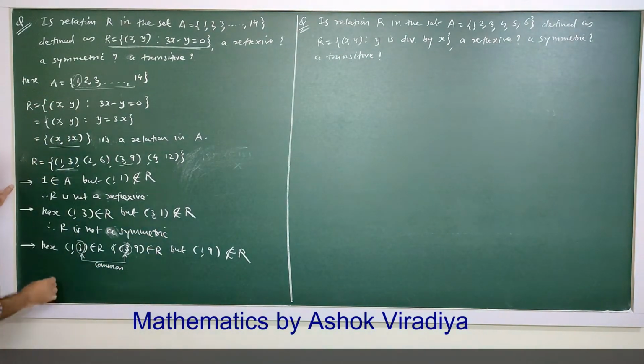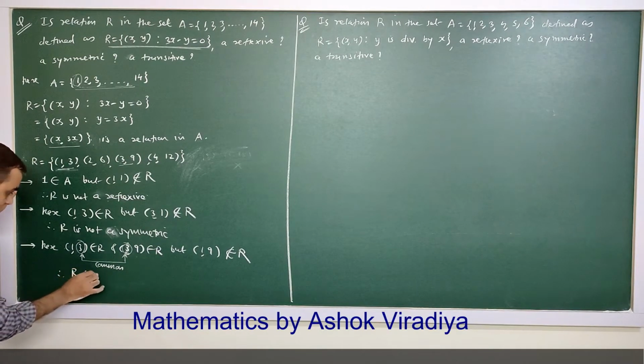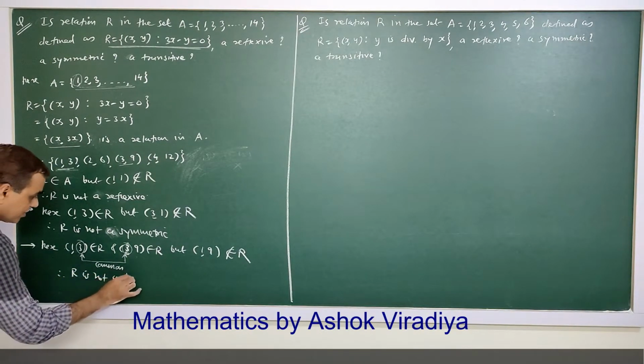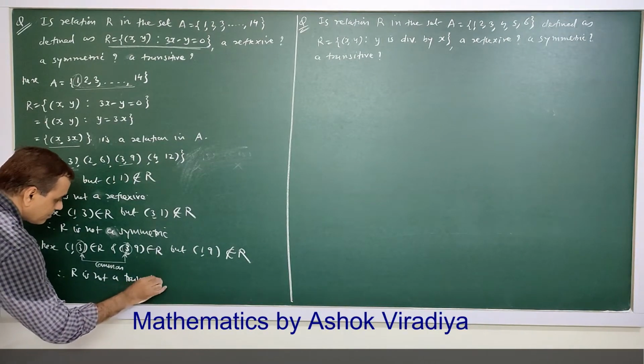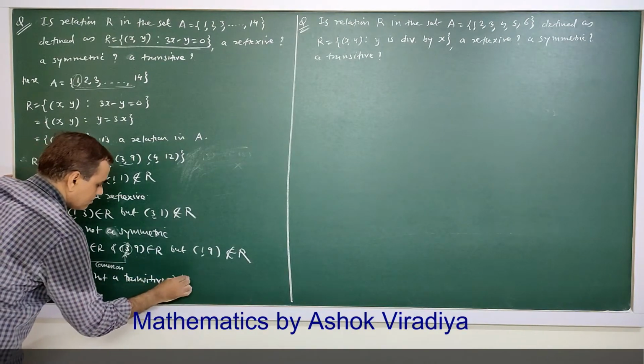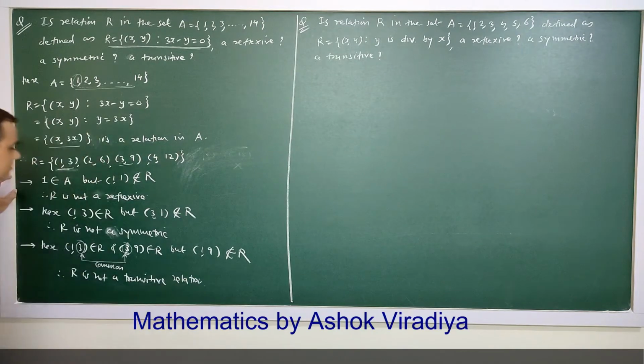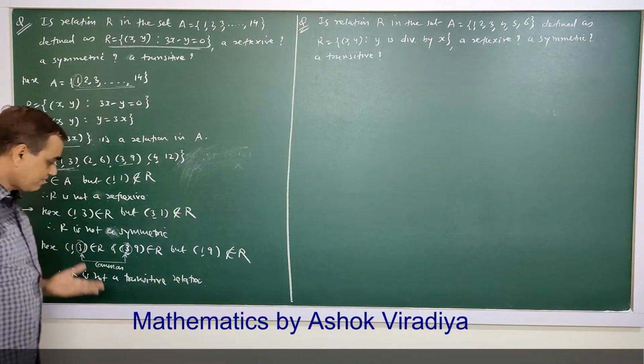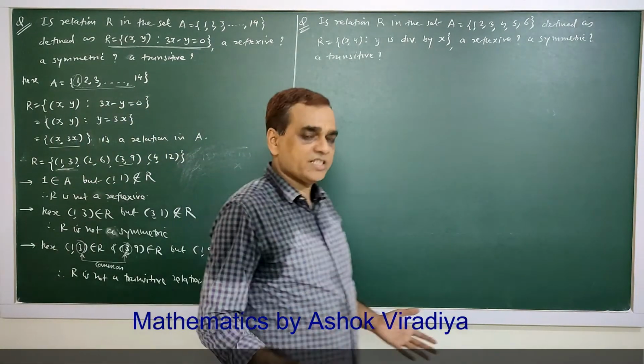So this is not transitive. So R is not a transitive relation. So this is not reflexive, it is not symmetric, it is not transitive.